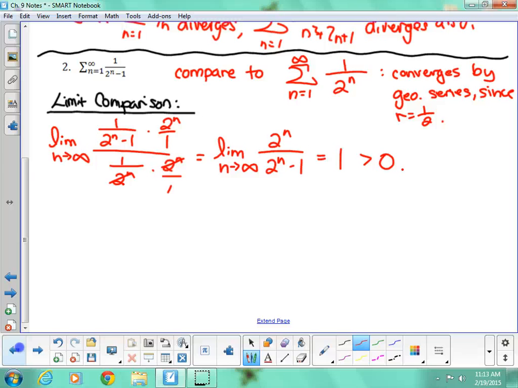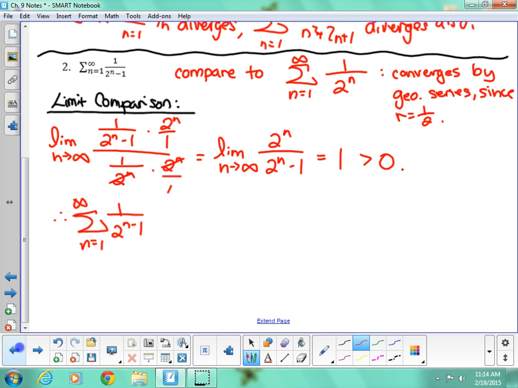Does that mean I can't tell anything when it's 0? No, you can tell something when it's 0 or when it's infinity. Just have to be careful. So by the limit comparison test, we already showed the limit is 1, which is greater than 0. Therefore, it converges.